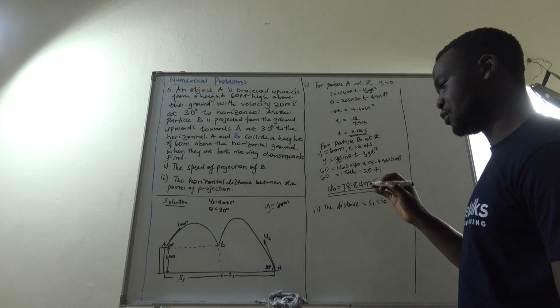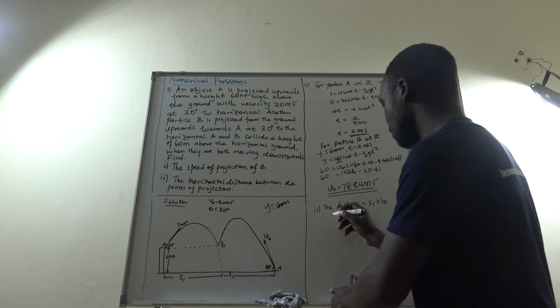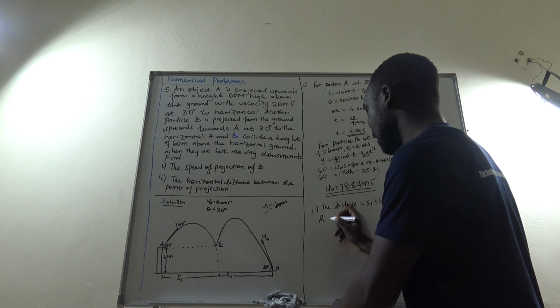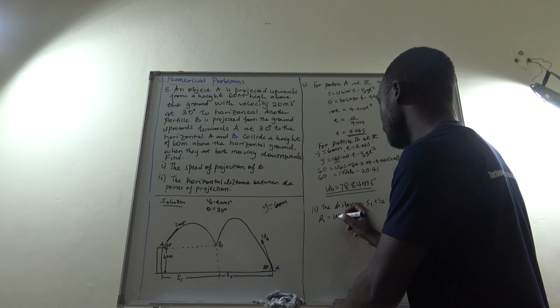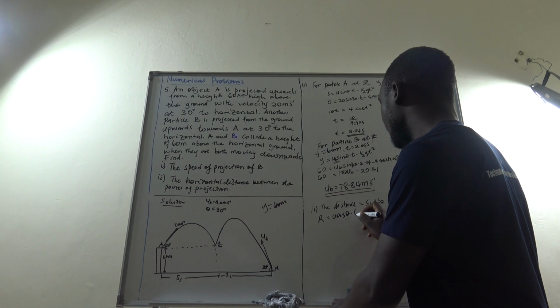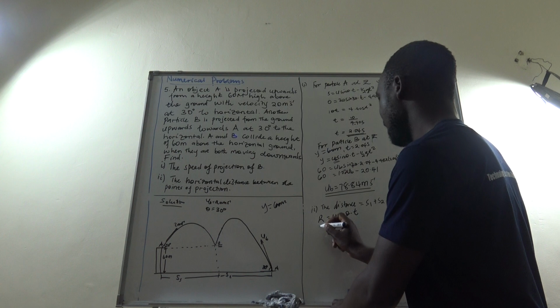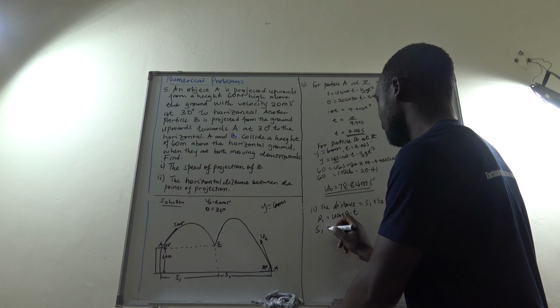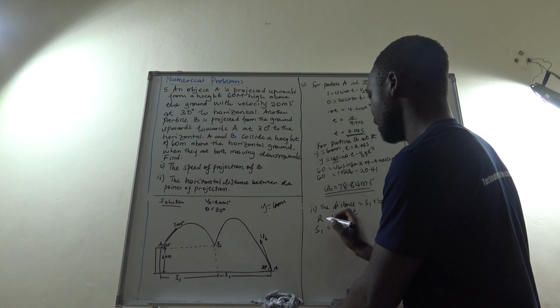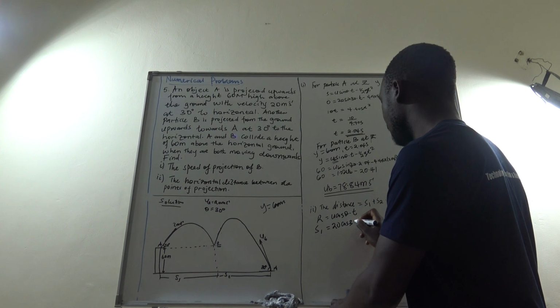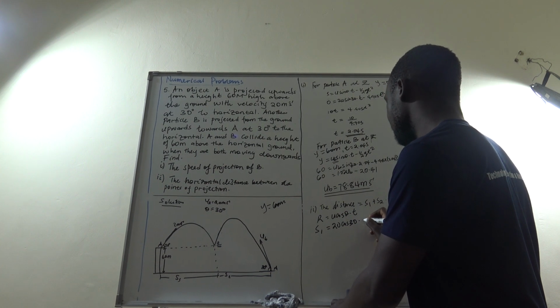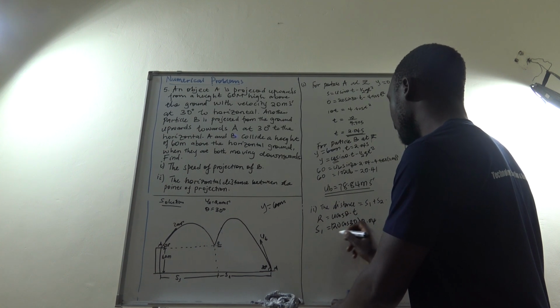Or if you don't want to use that, we still remember where we say that the horizontal range is equal to u cos theta times t. Therefore, S1 will be equal to the initial velocity, which was 20 cos 30 times the time taken to reach there, which is 2.04.